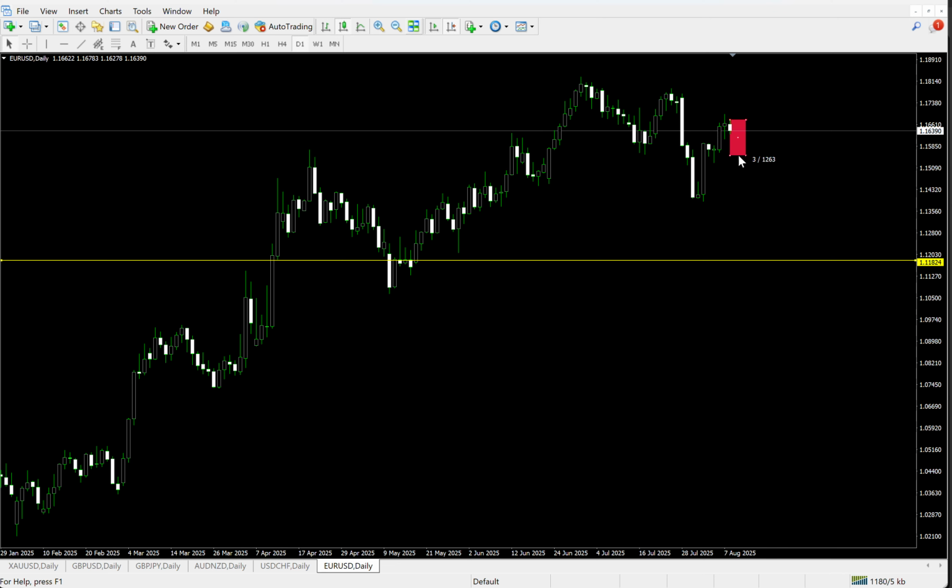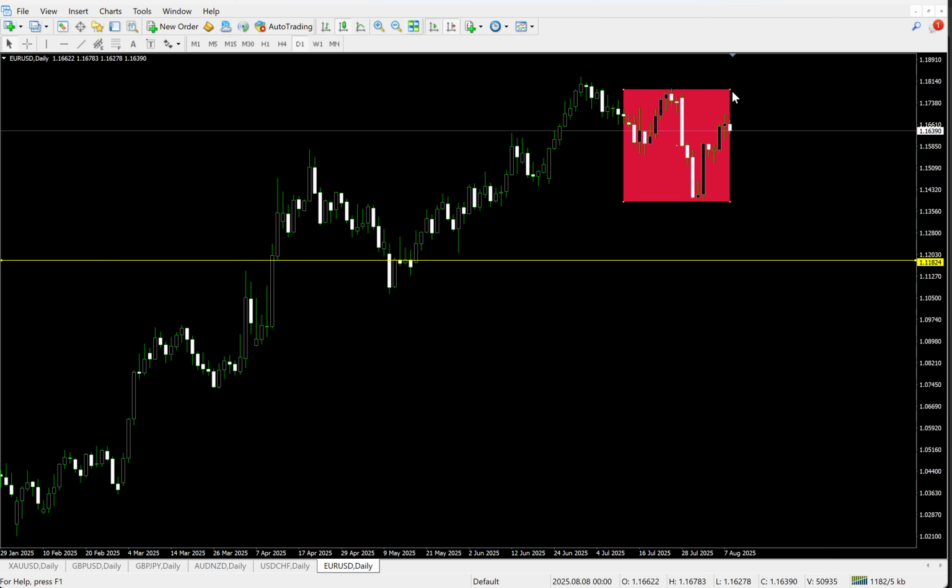As you can see, I'm doing so, we mark the low of this box and the high of the box, and we wait once one of the levels is broken by the price, and then we can enter buy or sell, depending on what level was broken.